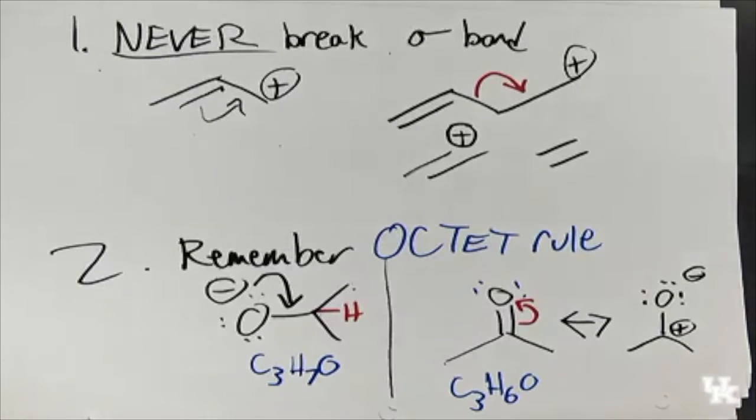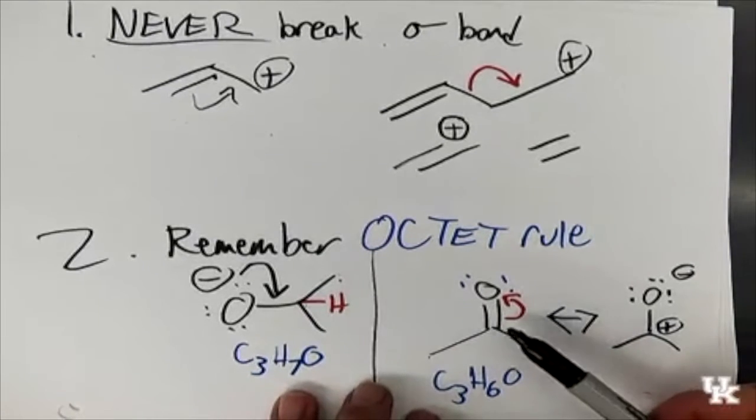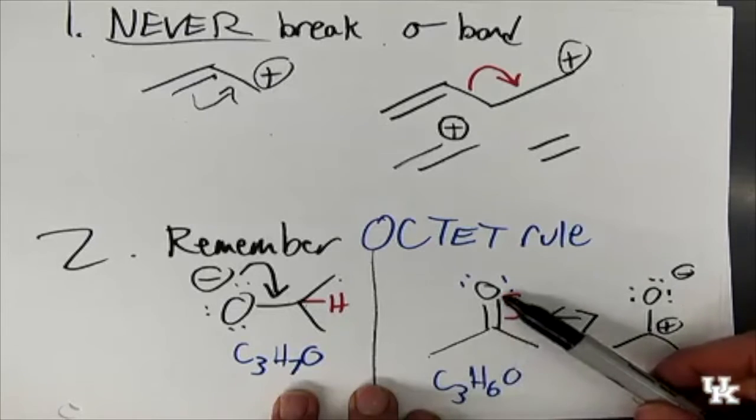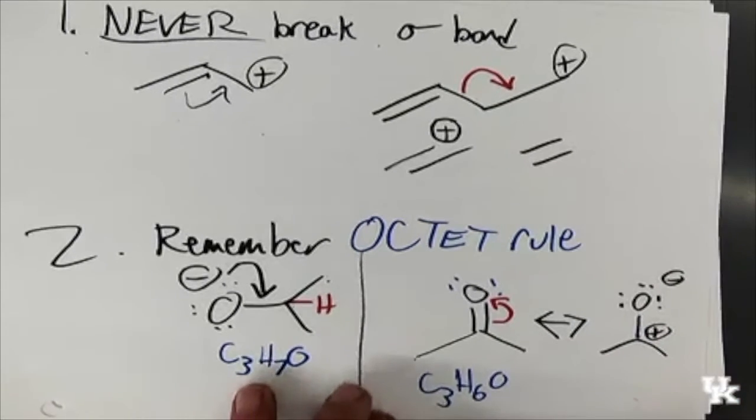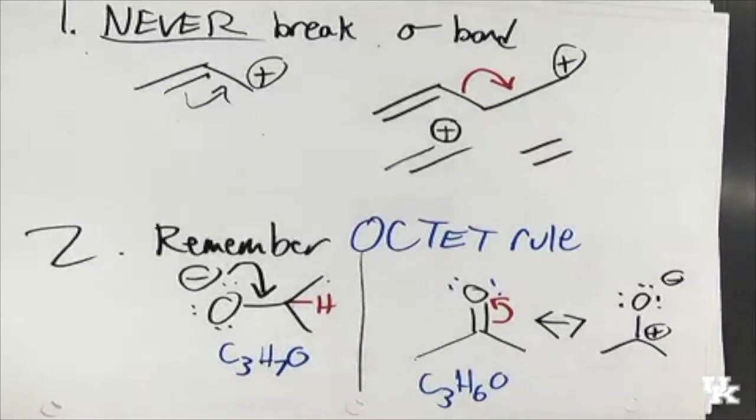In this case, we took the electrons straight out of the pi orbital and onto the oxygen, and the carbon's fine with that for this resonance form. It'll allow us to draw it that way.